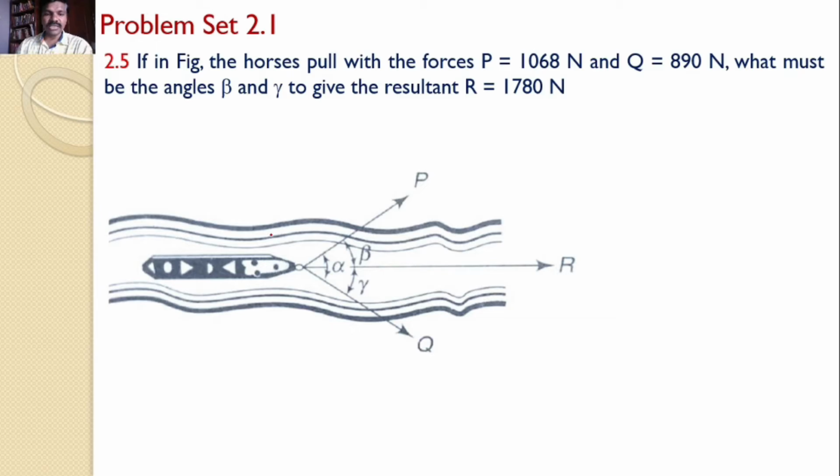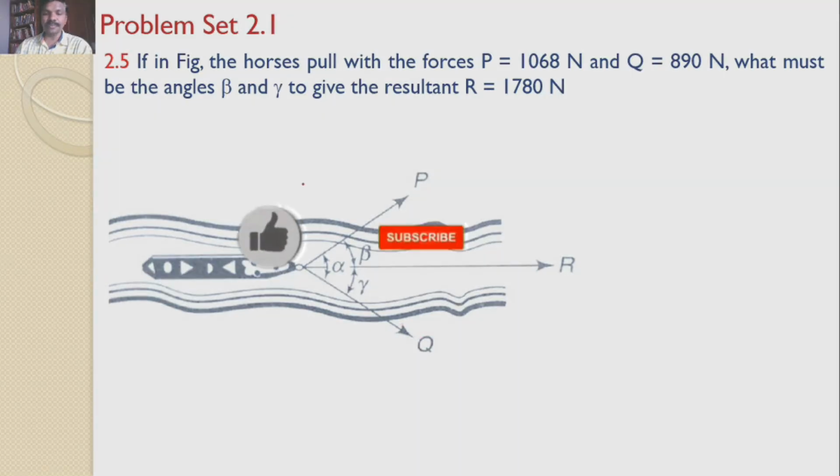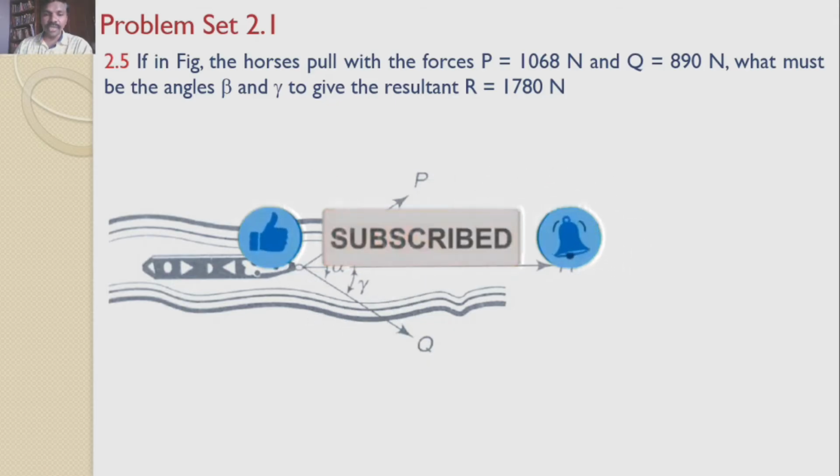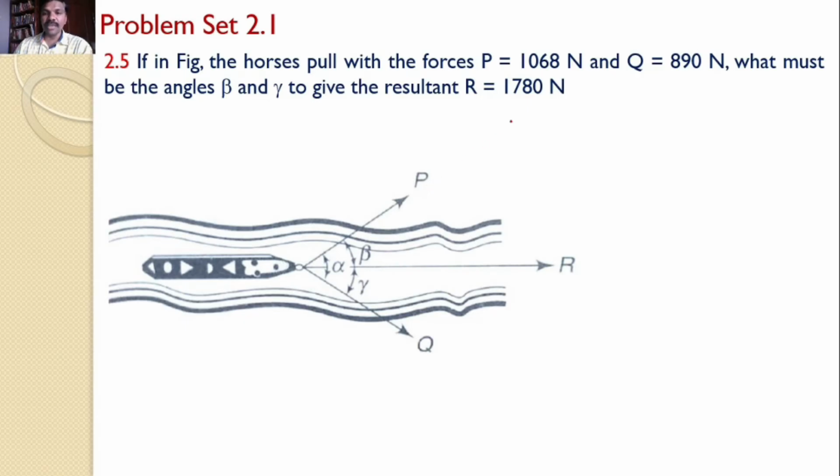That means this is a canal. In this canal, this boat is to be moved in the horizontal direction along this R with a force of 1780 newtons. This can be accomplished by providing two horses pulling in these two directions along P and Q. Now, one horse is pulling along this P with a magnitude of 1068 newtons.